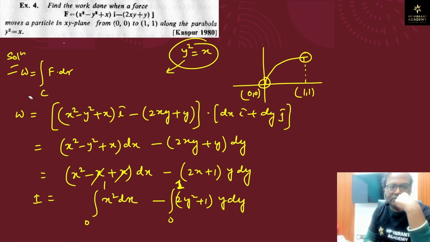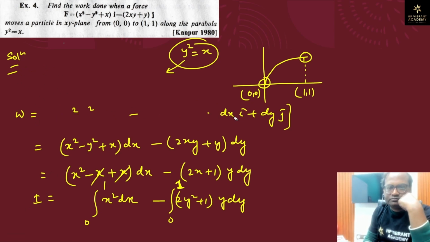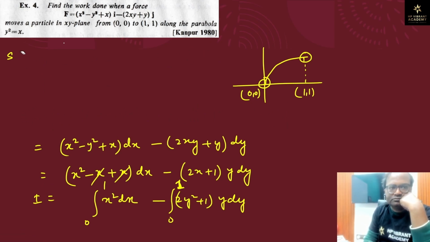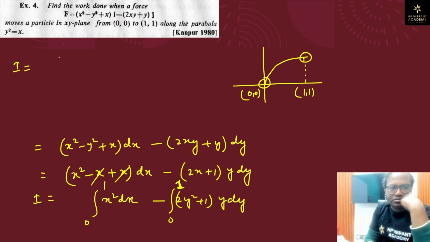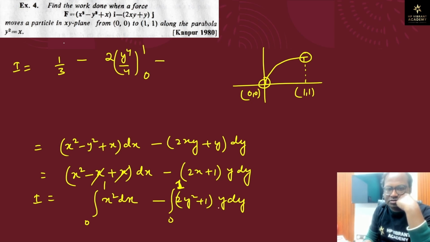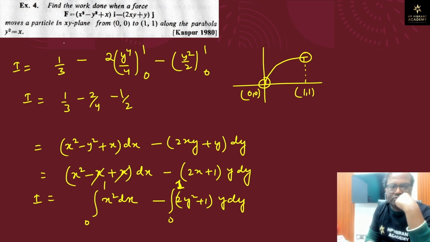So let us further simplify this. I is equal to 1 upon 3 minus ∫ 2y³ + y dy, that is y⁴ upon 4 from 0 to 1, minus y² upon 2 from 0 to 1. So I is equal to 1 by 3 minus 2 upon 4 minus 1 upon 2.